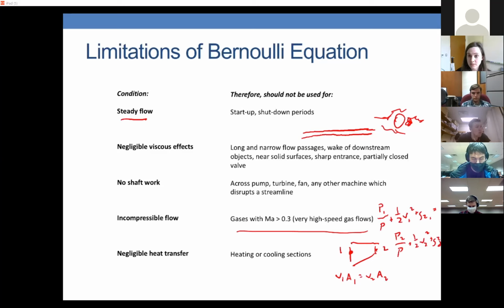Between point 1 and point 2, does the height change? No, so there's no change in potential energy. And we know that this nozzle had to change the velocity because it narrowed the area, so the velocity got faster. So what has to change in between point 1 and point 2?